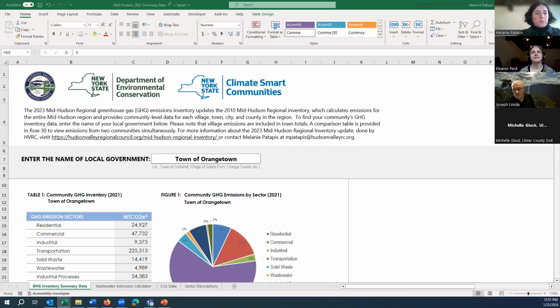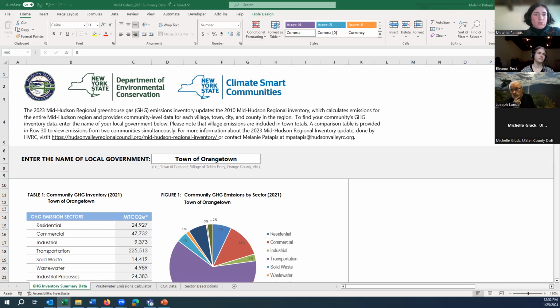And Jolanda asks, on transportation, can you drill down on vehicle miles traveled and how throughway miles are being handled? Vehicle miles traveled, that data we got from the Department of Transportation. That's at the county level. And so that was portioned to the municipal level by population.